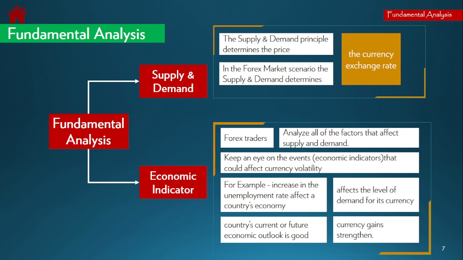For example, an increase in the unemployment rate affects a country's economy. It affects the level of demand for its currency. If a country's current or future economic outlook looks good, if it's positive, then the currency gains strength.